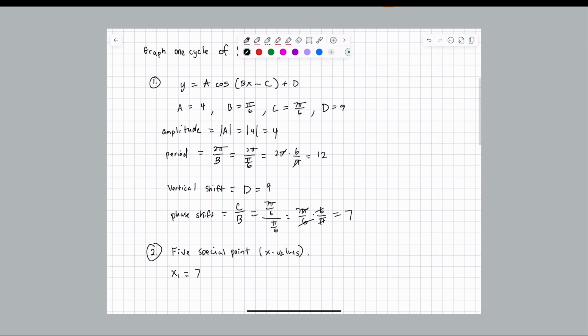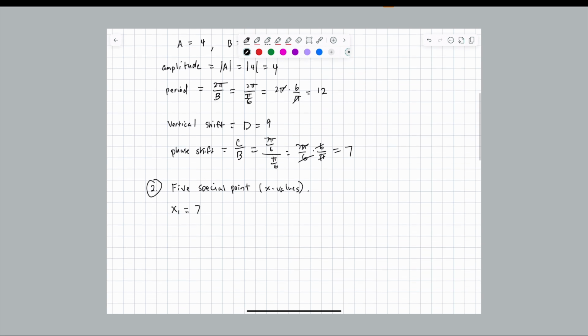Since we're only going to graph one cycle of this curve, it's good to start at the phase shift. To find the next 4 points, we divide the period into fourths. The period was 12, and dividing by 4 gives us 3. So this is how we're going to increment to find the remaining special points.